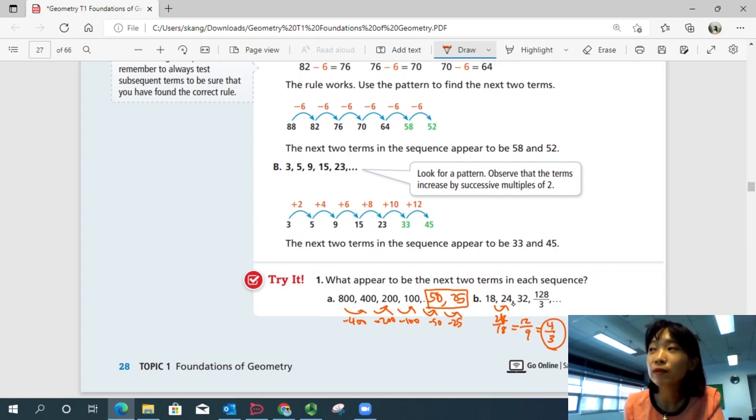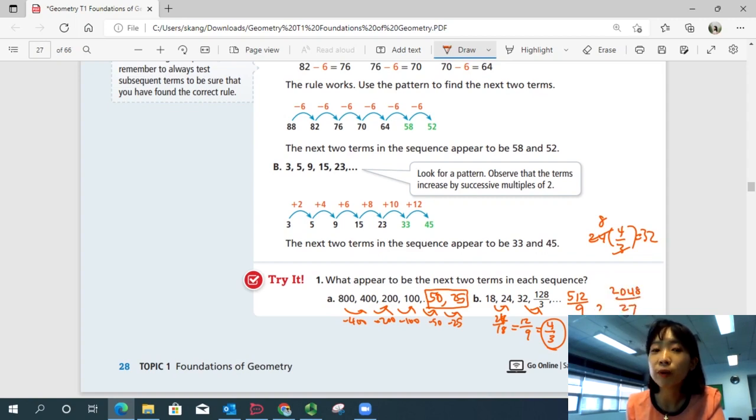Does that work for 24 to 32? You can check. 24 times 4 over 3 is 32. And then it works with that one as well. So 128 over 3 times 4 over 3 will be our next term, which is 512 over 9. And the next term, 2048 over 27.